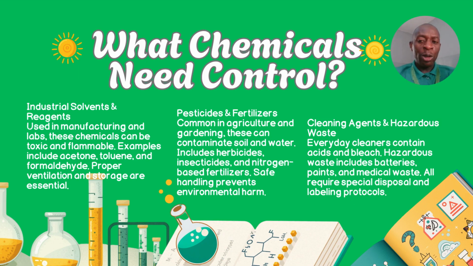And we have corrosive chemicals that burn or damage the skin, like bleach, etc. And we also have pesticides and fertilizers that are commonly used in agriculture, in gardening and in farming. And these are the chemicals that need to be controlled to prevent environmental harm.